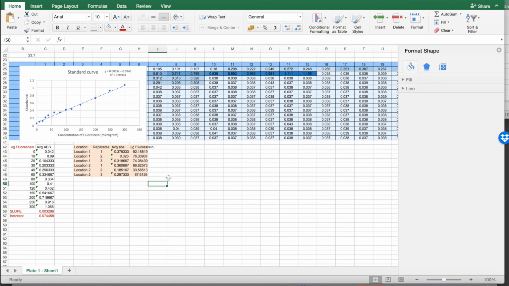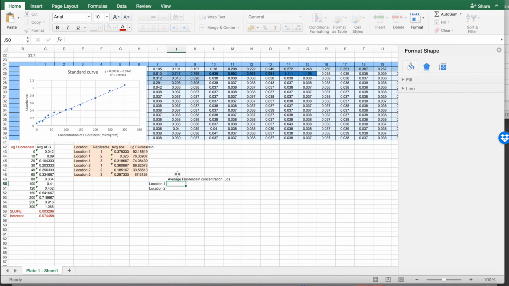So first I'm gonna create a new table, which I just showed, location 1, location 2. And then it's gonna be the average fluorescein concentration, average fluorescein concentration in micrograms.